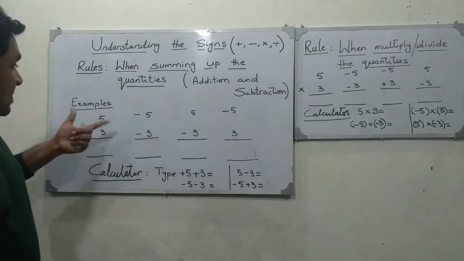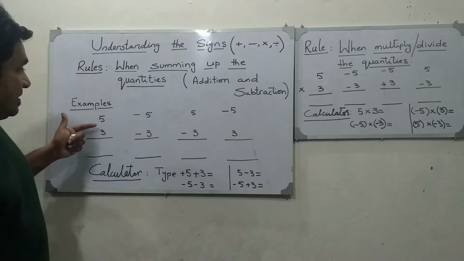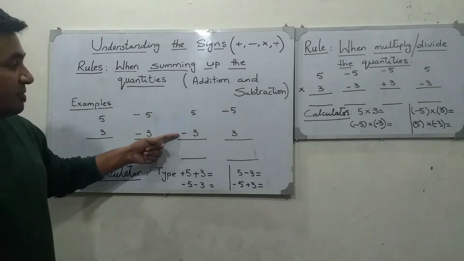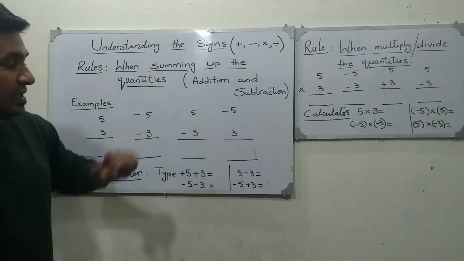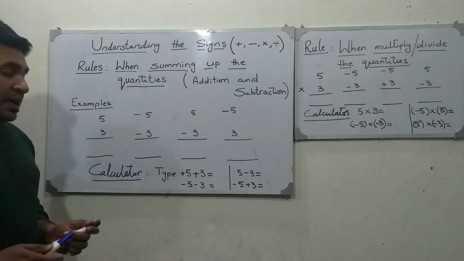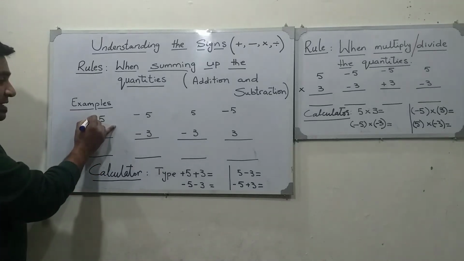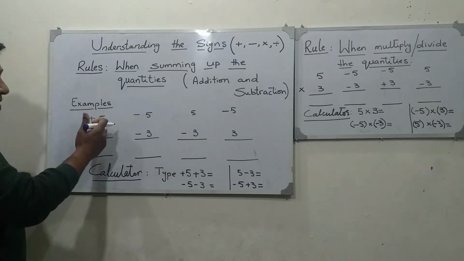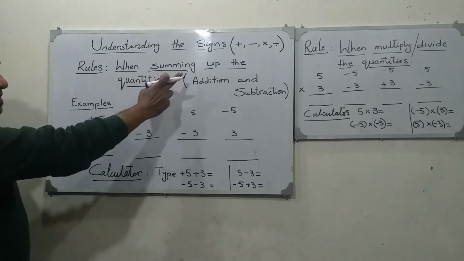Now look at the examples I have made: 5 plus 3, minus 5 minus 3, 5 minus 3, and minus 5 plus 3. As you all know, if there is no sign given, then it is positive, and we have to add these two quantities, because we are summing up.